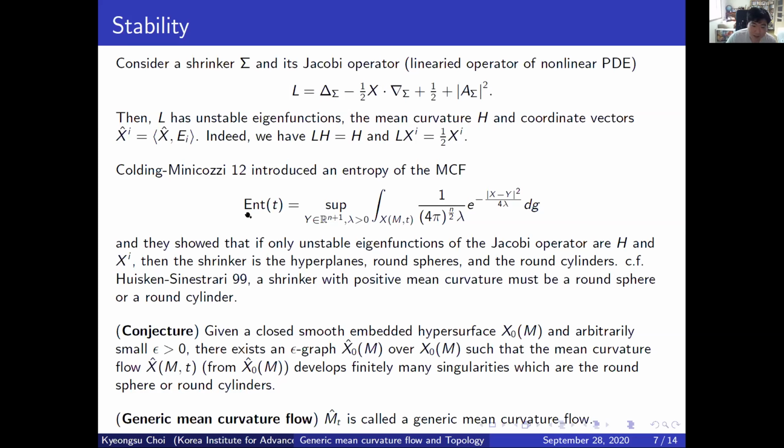And then if we just consider this entropy, we can consider this H and X as sort of null functions, because they actually came from the centers and dilations. We can somehow ignore these unstable eigenfunctions by changing the centers and the dilations.